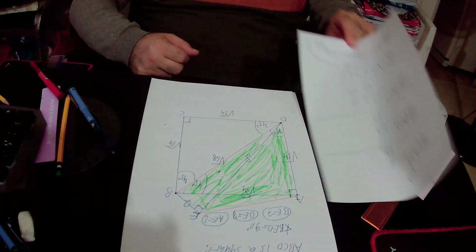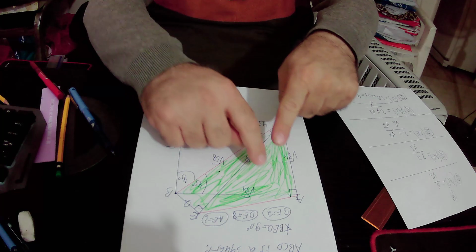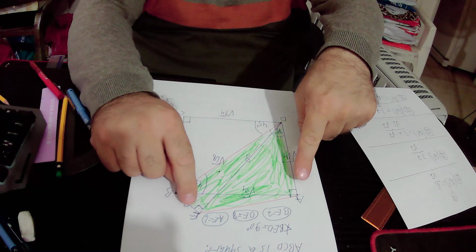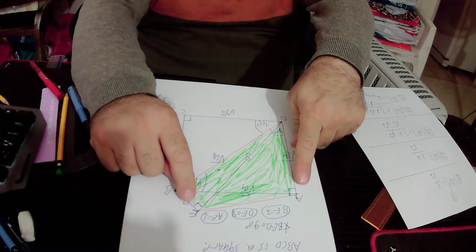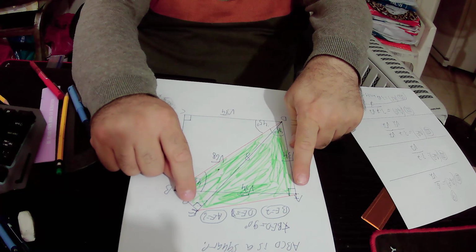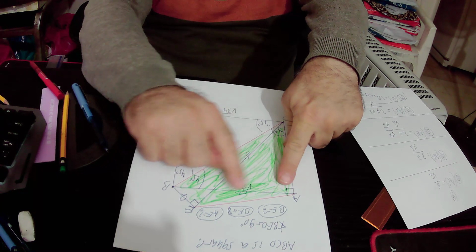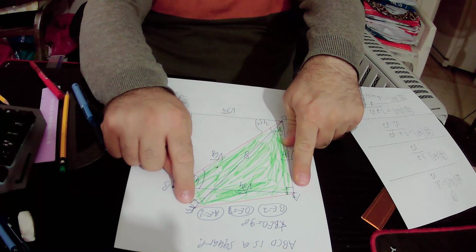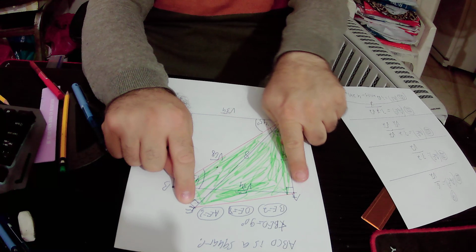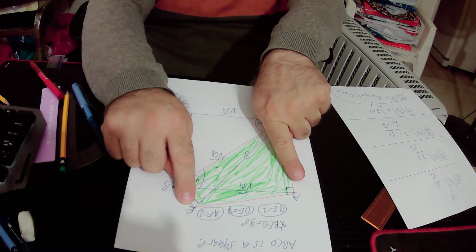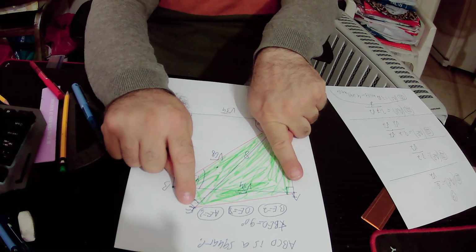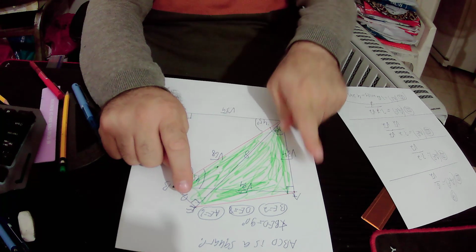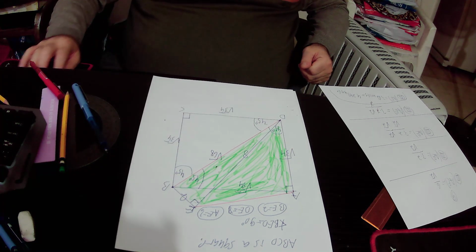I repeat again, the size of line segment AE that we are looking for equals either 3 times square root of 2 units, or in terms of numbers, 4.243 units. Okay? Thank you very much.